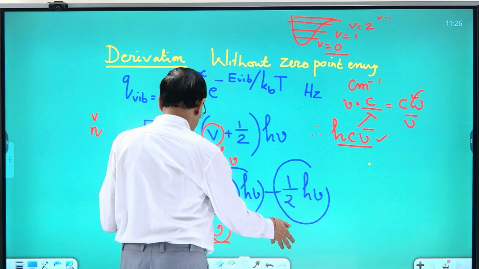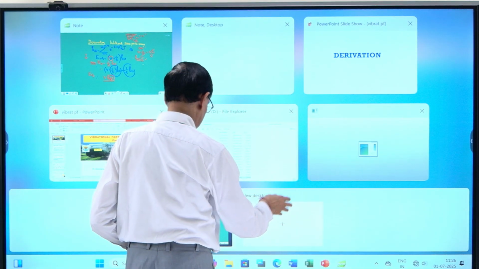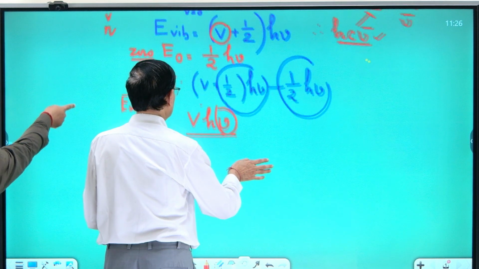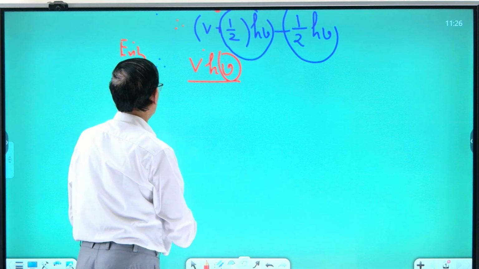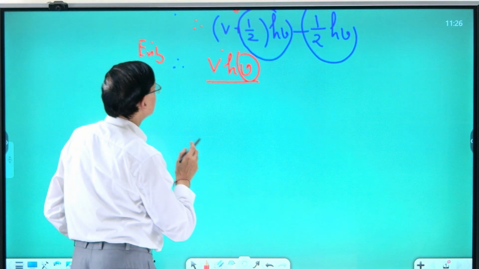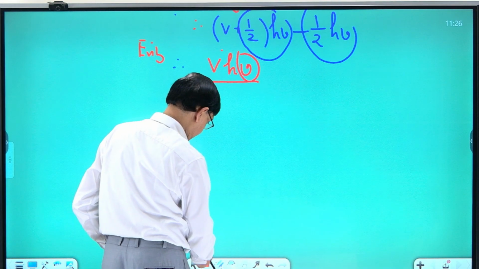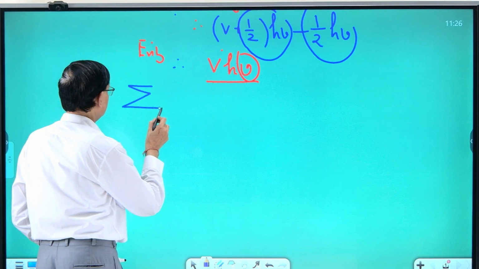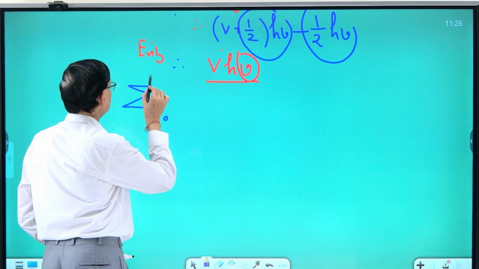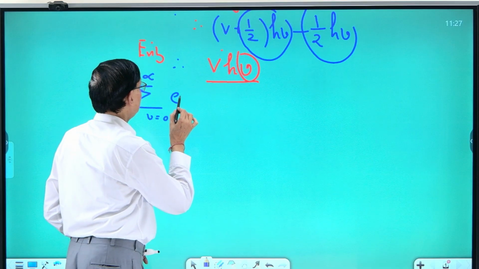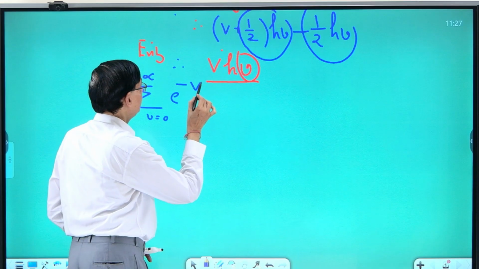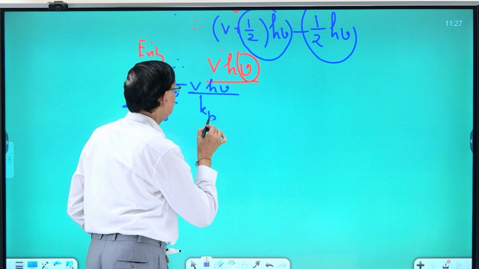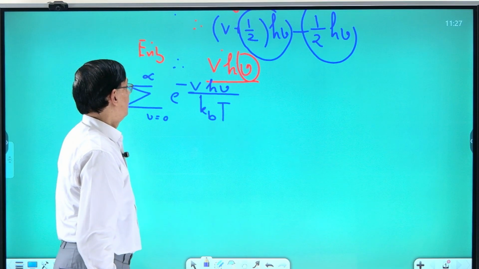Now, summation, write exponential minus V h nu divided by Kb T. Now simple.